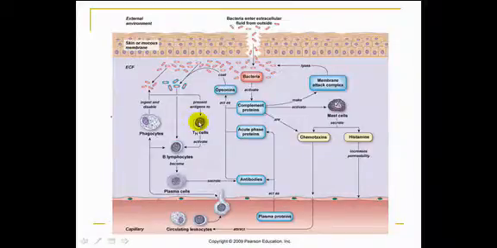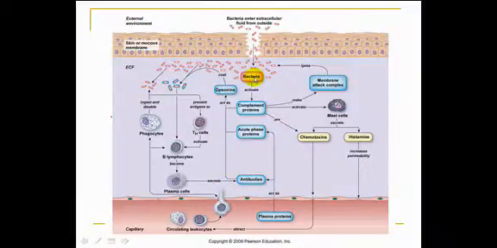And remember, the T helper cell can then release chemicals that activate B lymphocytes to divide. And B lymphocytes will become plasma cells and produce antibodies. So the B cell can be activated through the T helper cell, or the B cell itself can just detect the antigen on its own and start to produce antibodies.